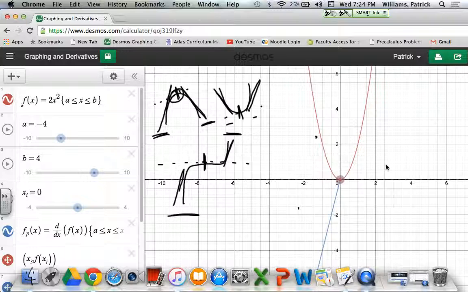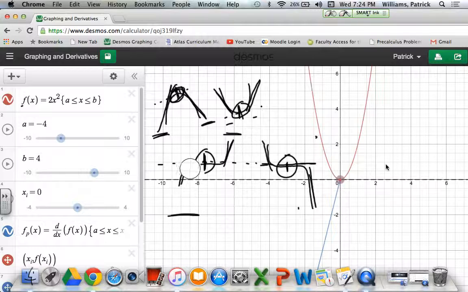It would just touch it and then bounce off. Likewise, if we had a plot that looks like this, our slope would be negative. Then when we hit this point, the tangent line would be 0, but then it would go back to being negative. So when you have something like this, the derivative touches the x-axis, but when you have humps like this, the derivative crosses the x-axis, okay? That's a nifty little trick that you can remember to help you graph these things, all right?